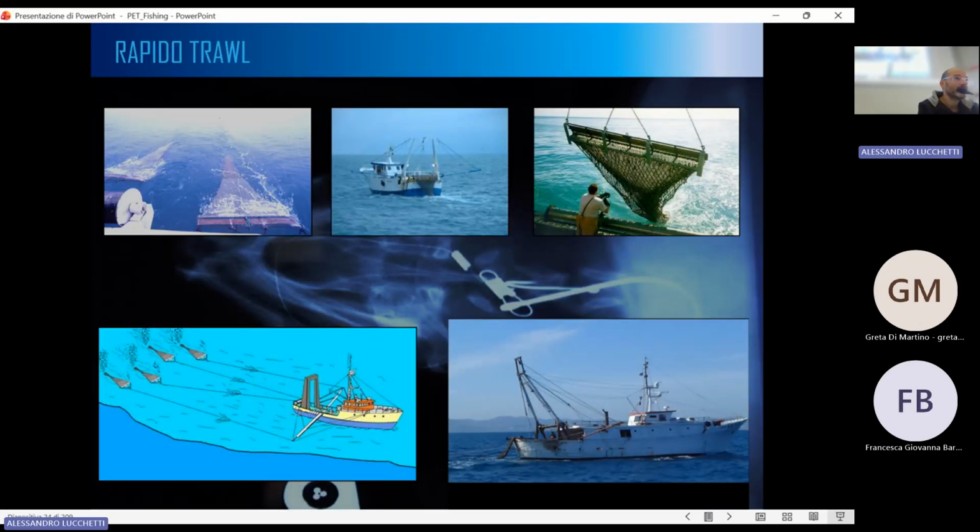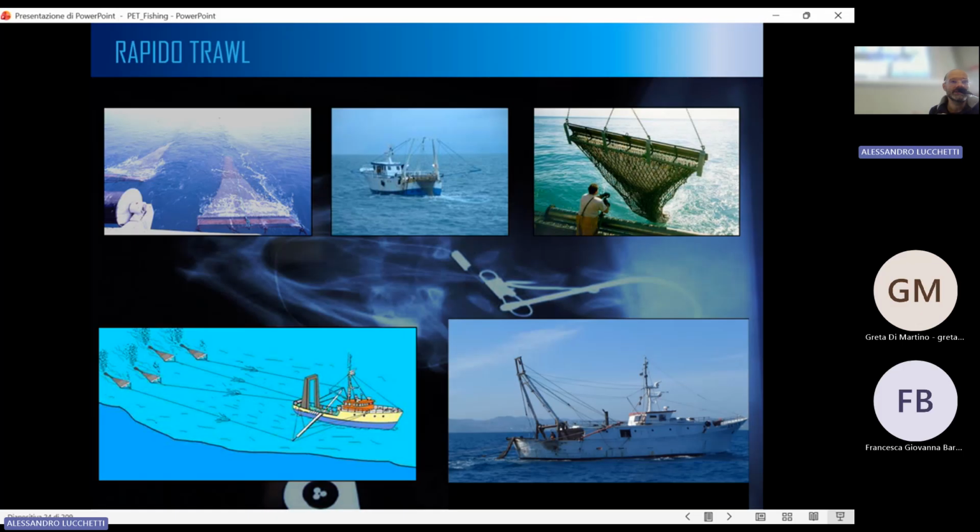This is the rapido trawl, typical of Italy, of the Adriatic. You usually have 4 gears like this one. You can guess also the dimensions, more or less 4 meters wide and 8 meters long. All around the world, this is not a bottom trawl. In Italy, this is a bottom trawl.